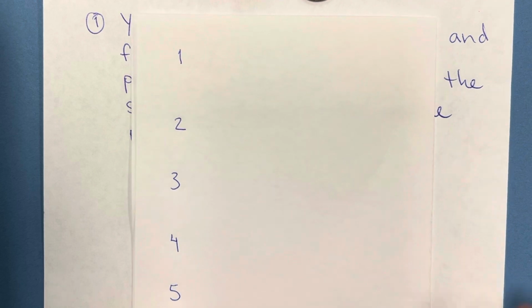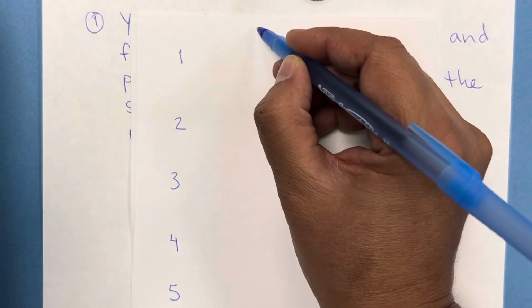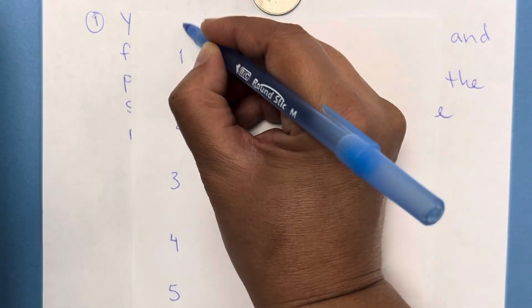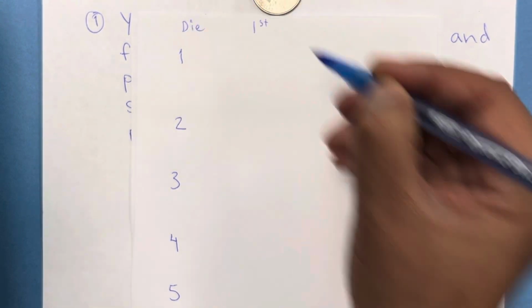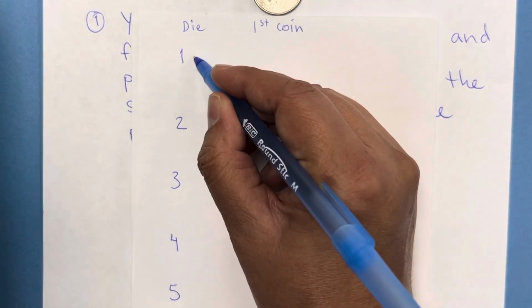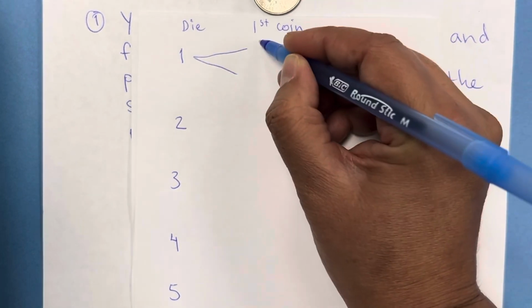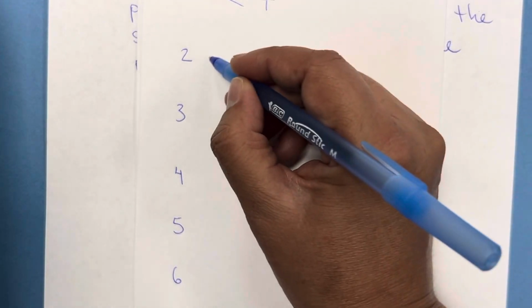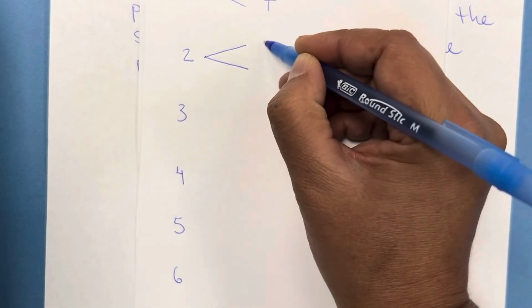So let's say that you get a 1. The next one, you're going to flip a coin. Okay, first coin. So we already said about the die. For the first coin, you might get heads or tails. And that will happen for all of these.